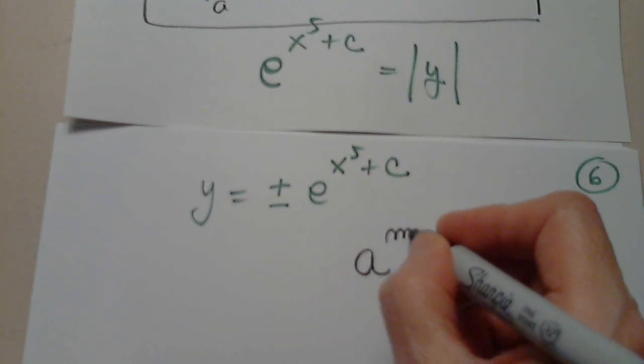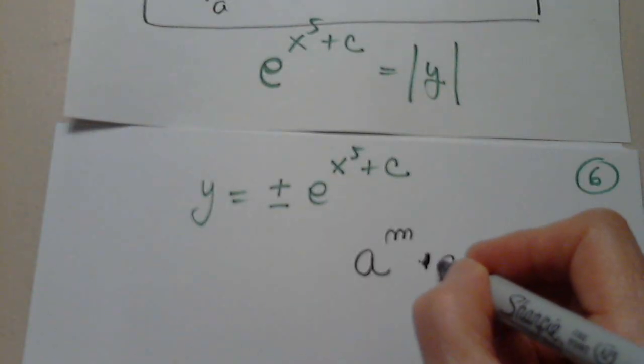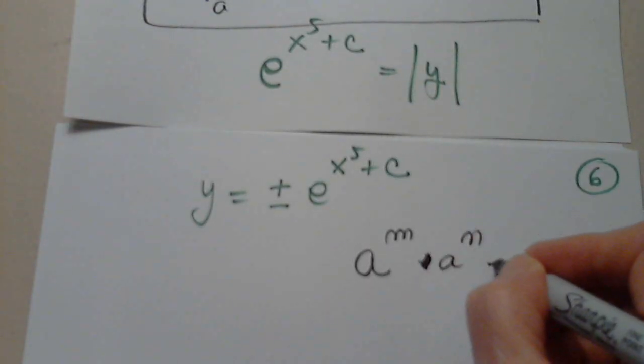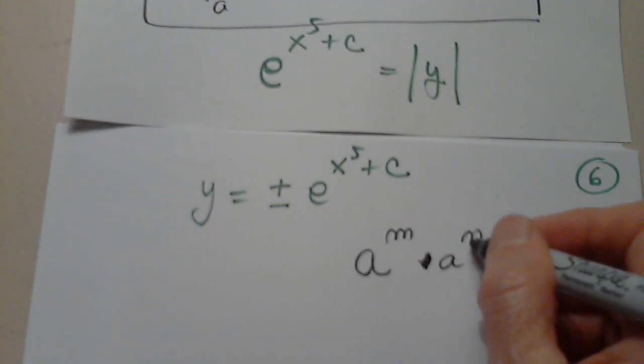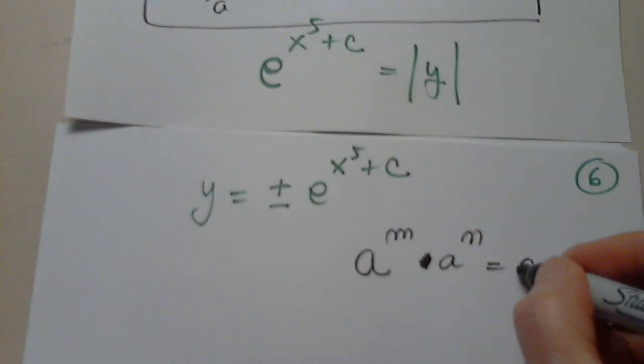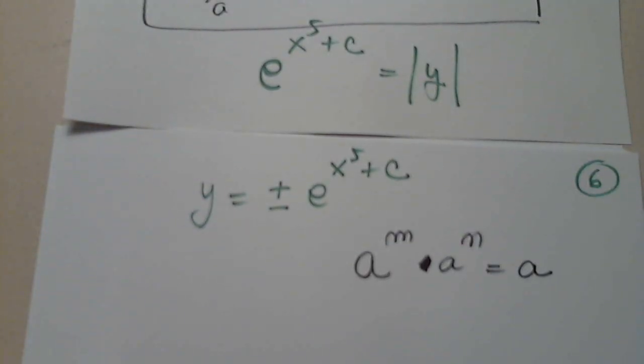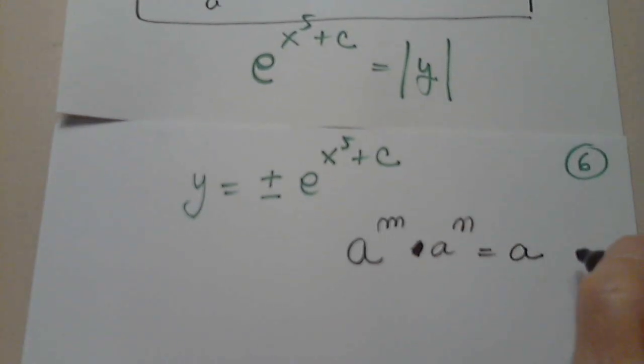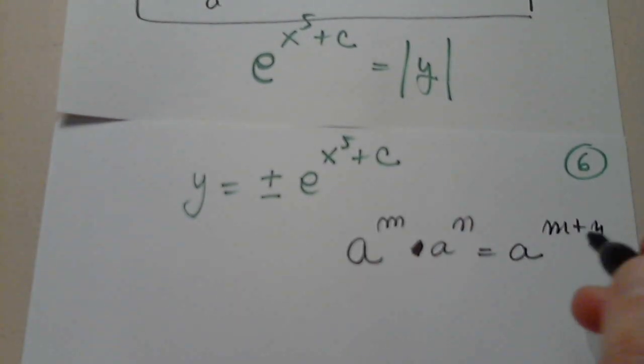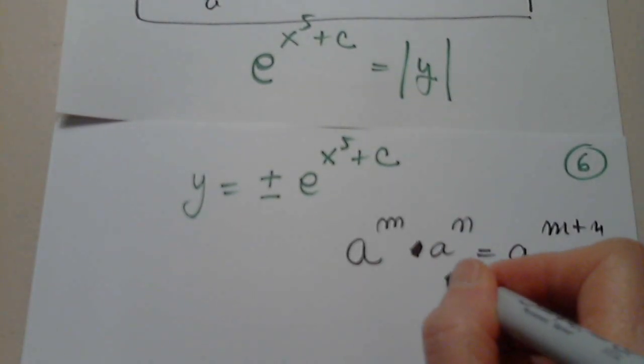a to the m times a to the n. My m has 3 bubbles, my n has 2 bubbles. Copy the base. What happens with the exponents? You add them. Yes. But I can go backwards too.